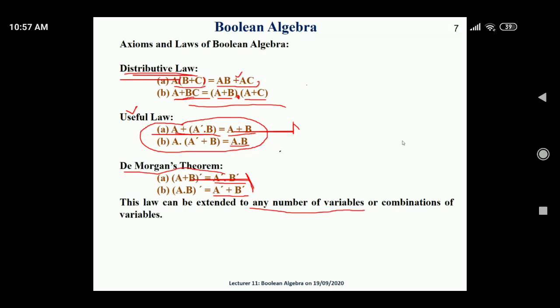Is the next class on Tuesday, according to our timetable? Yes, sir. So Tuesday I will take the class. On Wednesday, according to the timetable, the class is from 10 to 11.